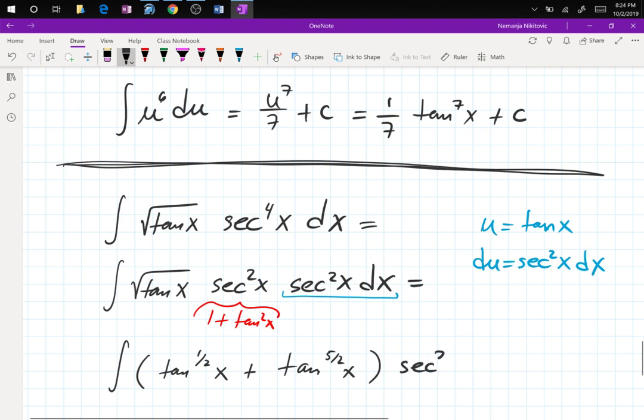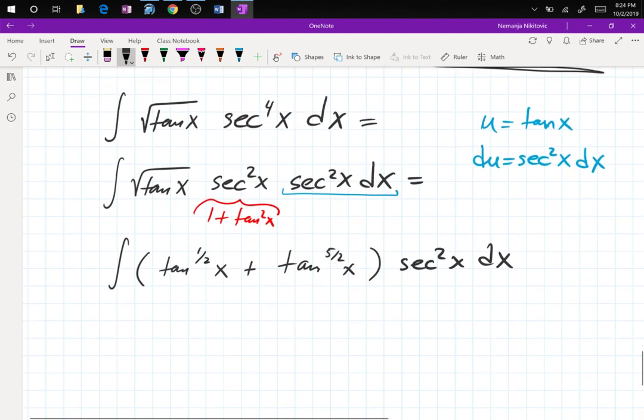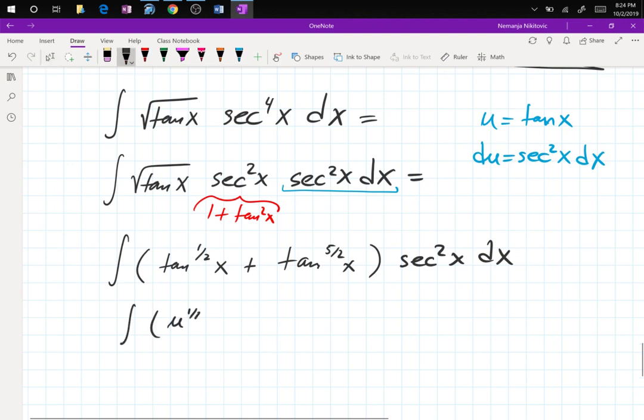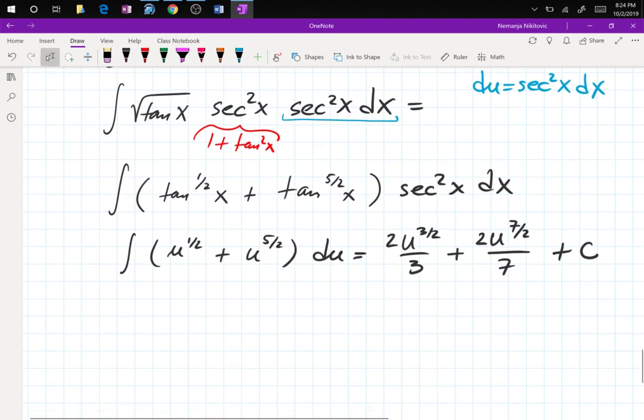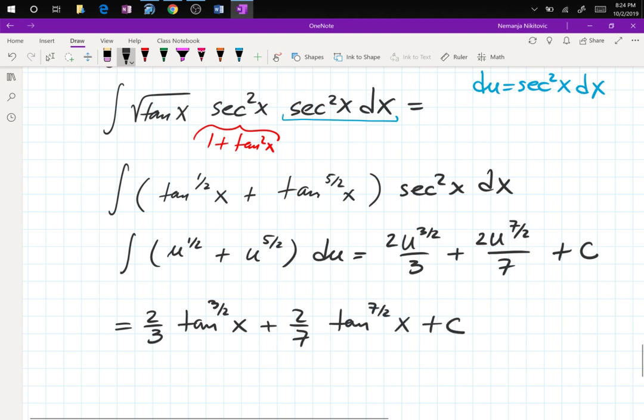And then you have your secant squared x dx, and finally you have your u's. u to a half plus u to 5/2 du, and now when you integrate, u to the 3/2 divided by 3/2 plus u to the 7/2 divided by 7/2 plus c. Bring in the tangents. That's going to be 2/3 tangent to 3/2 x plus 2/7 tangent to 7/2 x plus c.